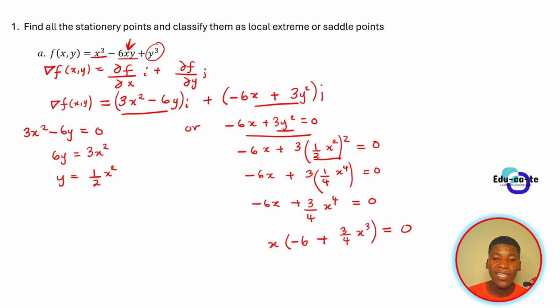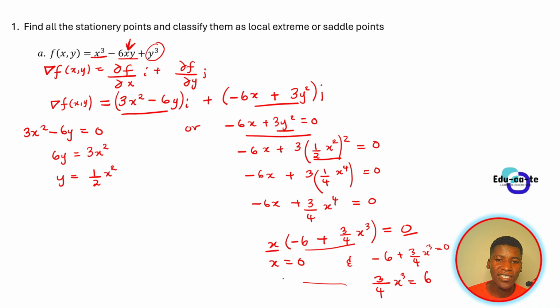And then now you can see that, using maths, you can say that x is equal to 0, or this whole bracket is also equal to 0. So in this case, you can have two options. x is equal to 0, and you can also have negative 6 plus 3 over 4 x cubed equal to 0. And then here, if you transpose 6 to the other side, this will be 3 over 4 x cubed is equal to positive 6. Now you solve for x. So you divide both sides by 3 over 4.